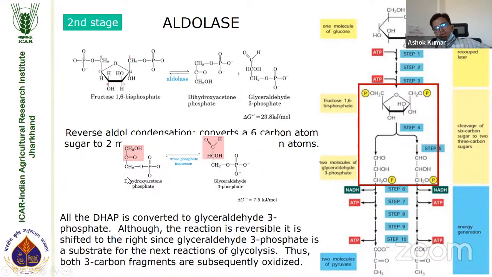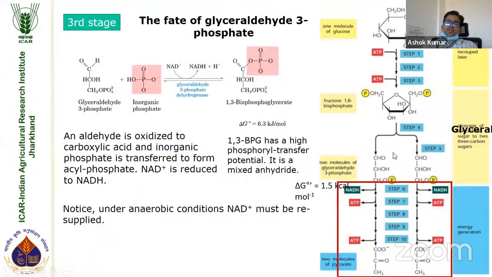Since one glucose molecule produces two molecules of dihydroxyacetone phosphate, those two molecules will be converted into two molecules of glyceraldehyde 3-phosphate. These will be attached with another inorganic phosphate, and glyceraldehyde 3-phosphate dehydrogenase reduces NAD plus, and NADH is produced.